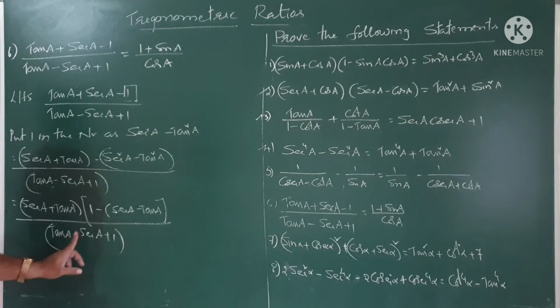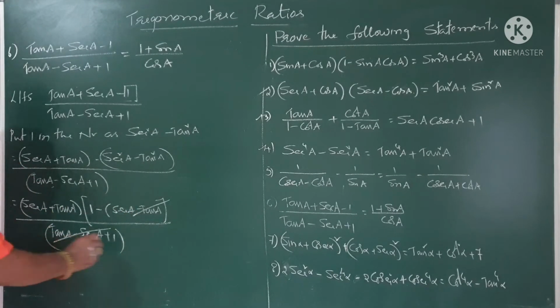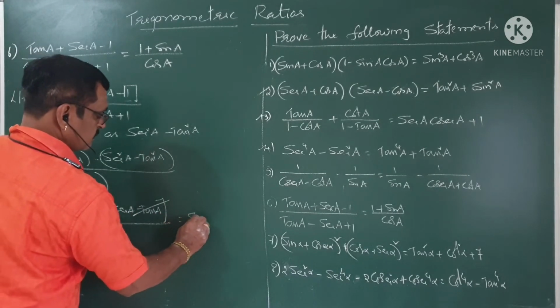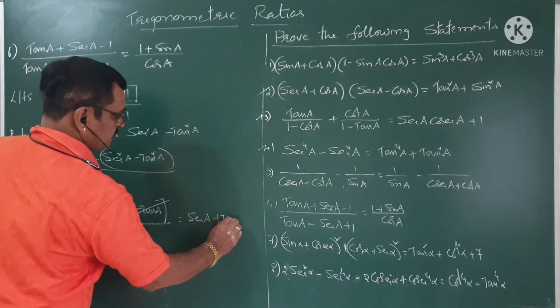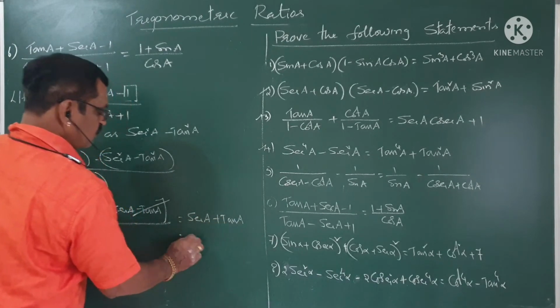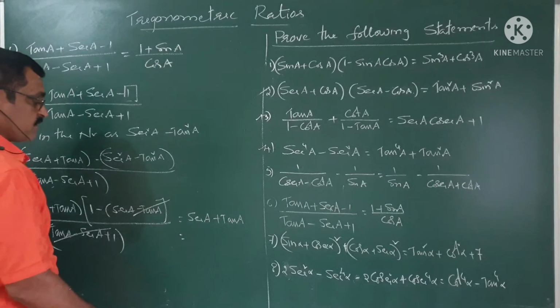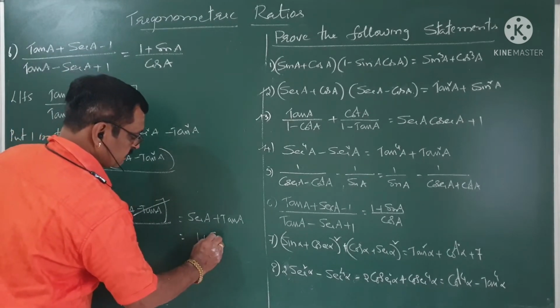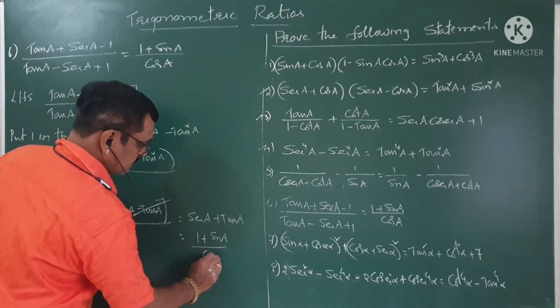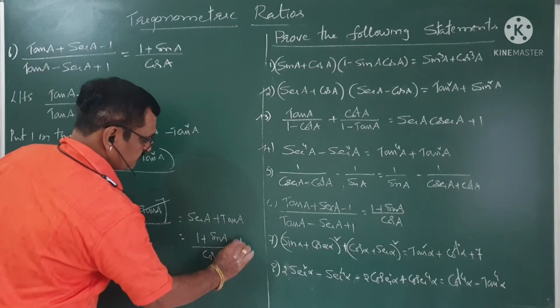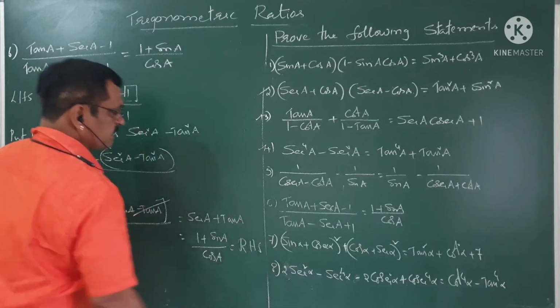This is 1 minus secant a plus tan a. So I can cancel these two. So I get secant a plus tan a. Convert it to sin and cos and take LCM. You will get 1 plus sin a by cos a, which is equal to my right hand side.